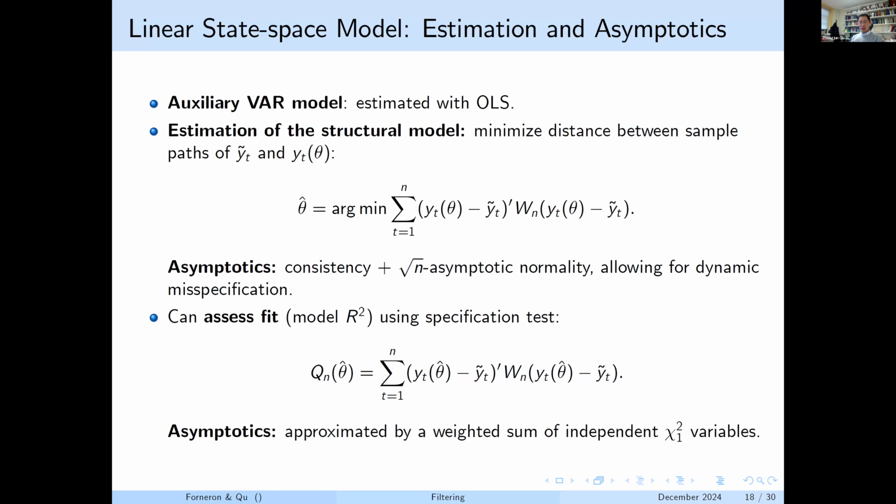The asymptotic distribution of this statistic is not standard, but we show that it can be approximated by a weighted sum of chi-square 1 random variables, and it's easy. I wouldn't say it's easy, but it's feasible to get this approximation. So we have a relatively complete package, which does filtering, parameter estimation, and it also contains a statistic for specification analysis.